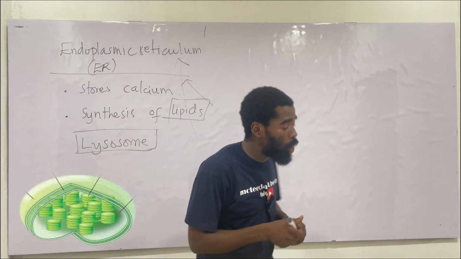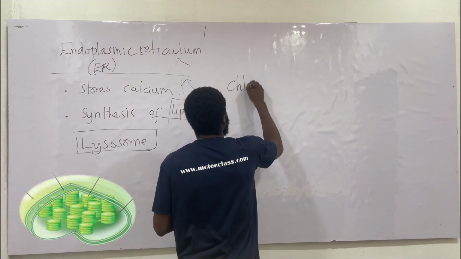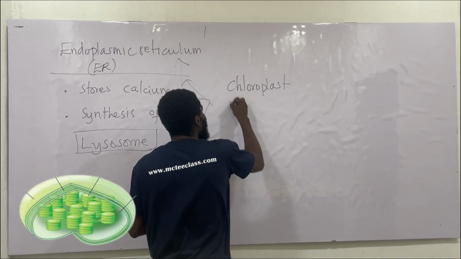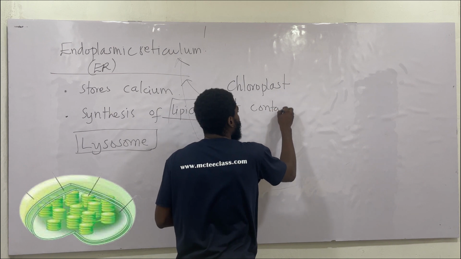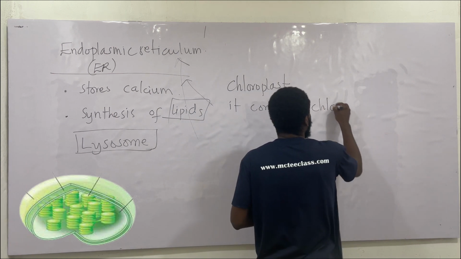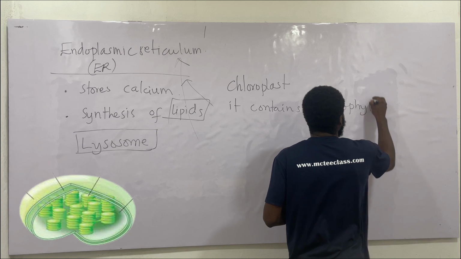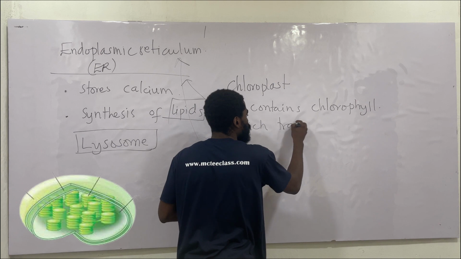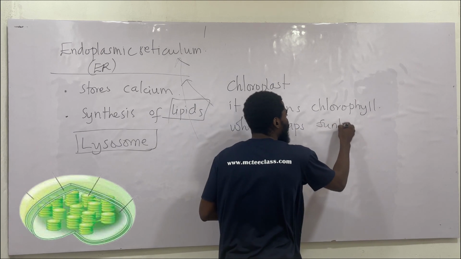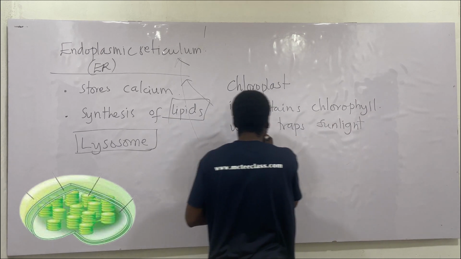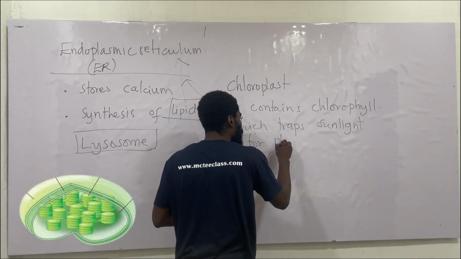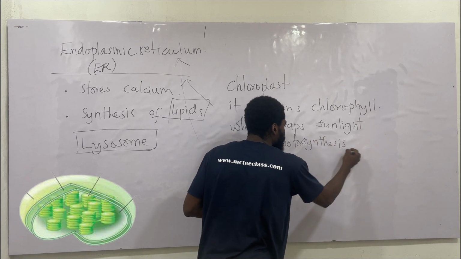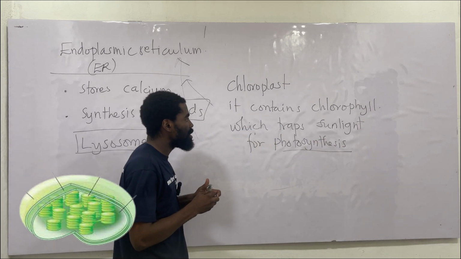So the function of the chloroplast is that it contains chlorophyll, which traps sunlight for photosynthesis.